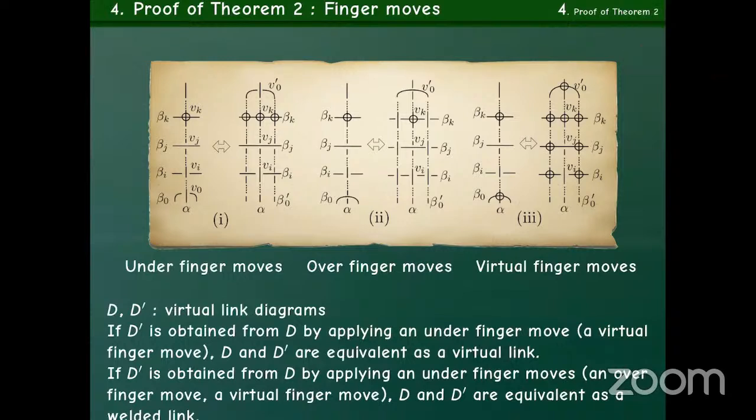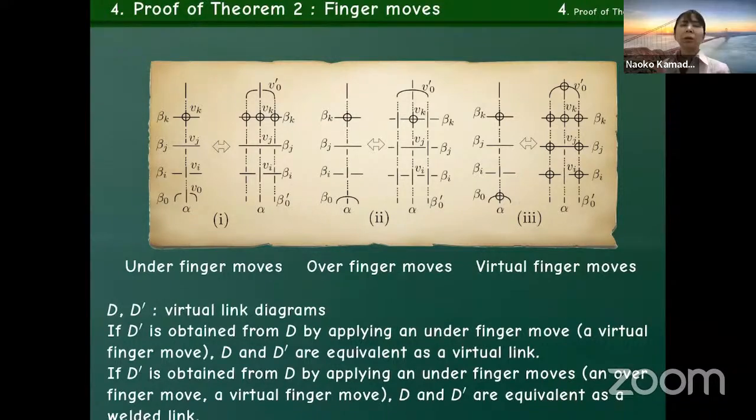But Vasily was asking about the under classical move, which isn't allowed in welded, right? You can't slide a classical crossing through a virtual crossing under, yeah.